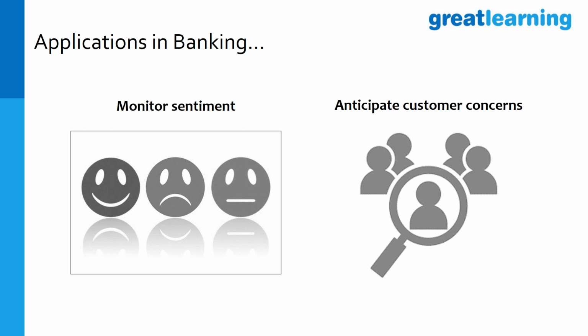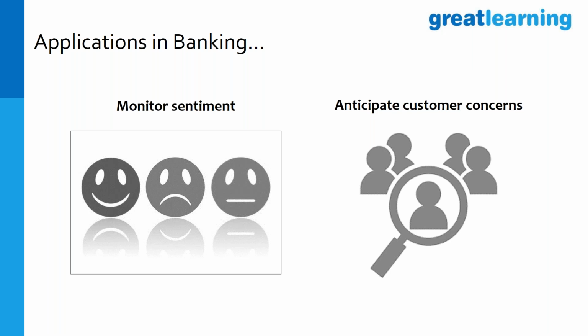And the next application would be anticipating customer concerns. So we know that we gather a lot of audio logs as part of banking data. And we also gather a lot of additional information from social media forums such as Twitter, Facebook, wherever people are stating their opinions on a particular product or a service from a bank.